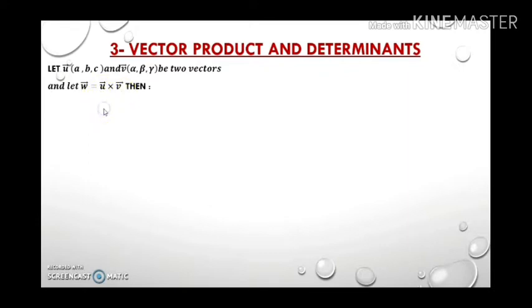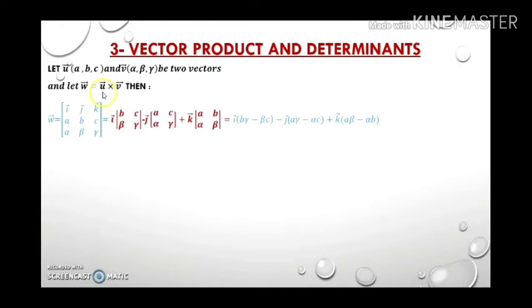Then, to find the cross product of u and v, put them in the form of a matrix, starting with i, j, k, the corresponding vectors of the axes x, y, z, and put in the middle the vector u, which is a, b, c, and finally the vector v, which is alpha, beta, gamma.